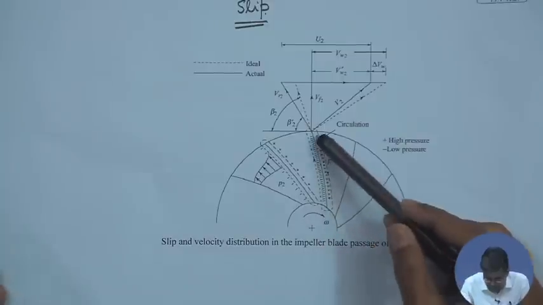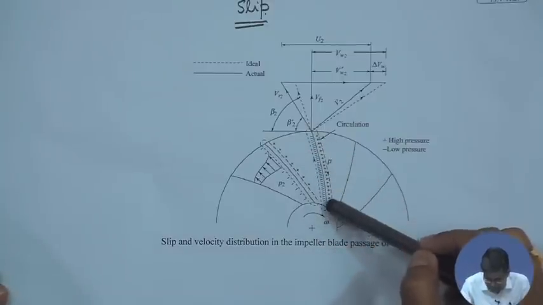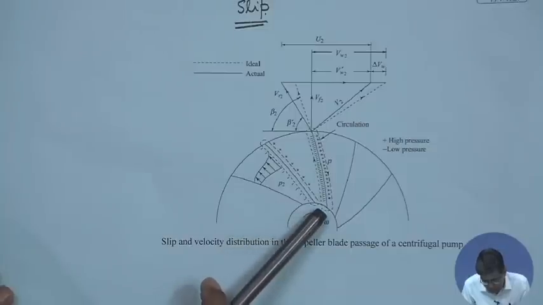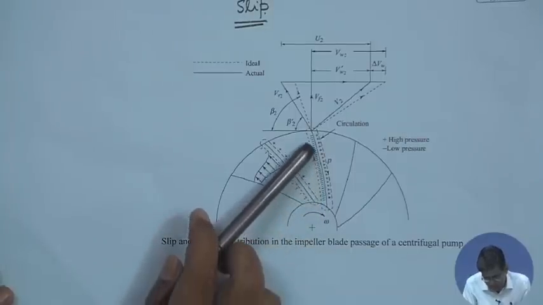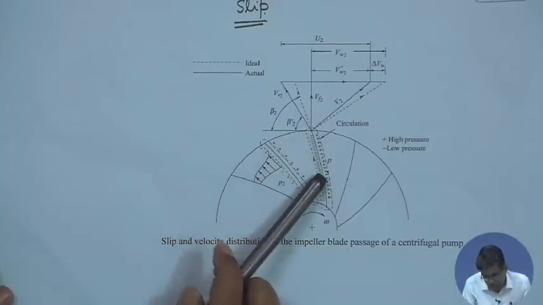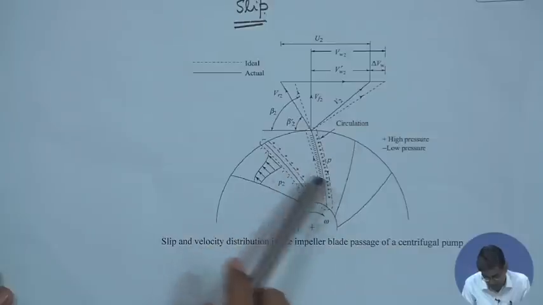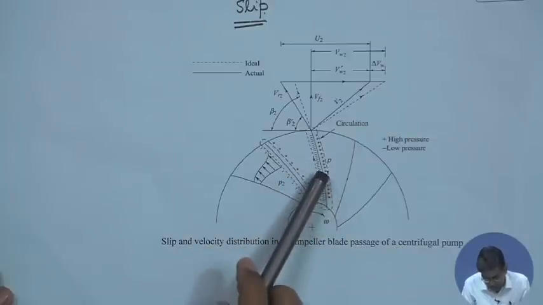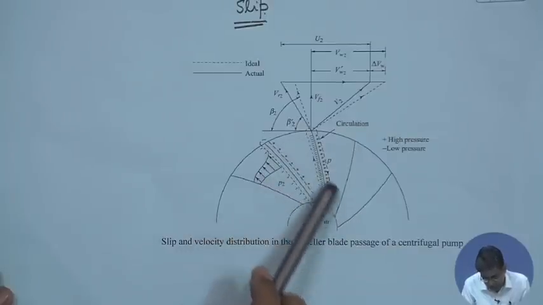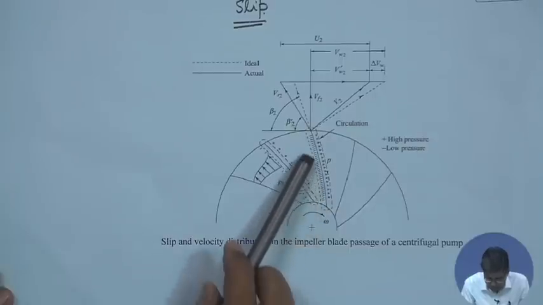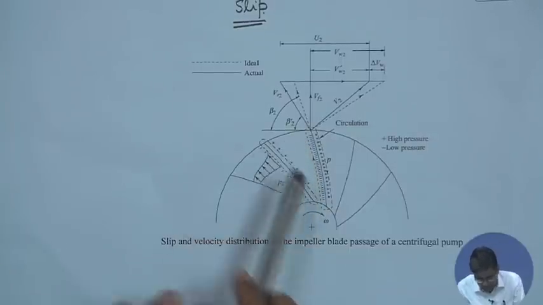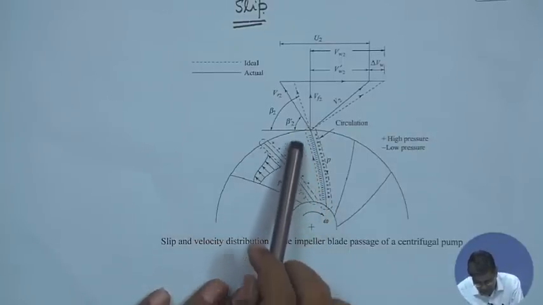This higher pressure on the leading side is the result of the pressure gradient imposed by this curvature on the leading side and on the trailing side. Because of this, there is a higher pressure induced on the leading side and lower pressure on the trailing side, which induces a circulation like that.